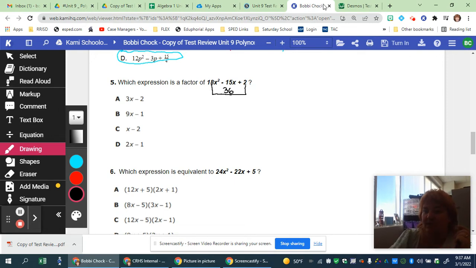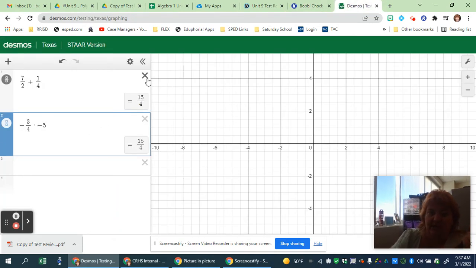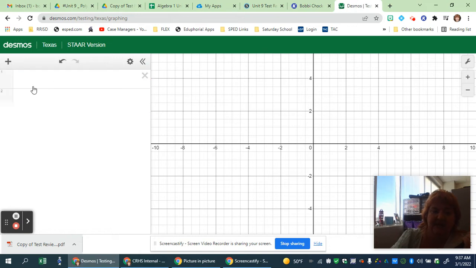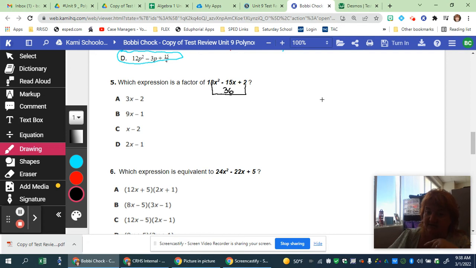If you don't know that, go here and say 18 times 2, 36. Okay. Then we're going to look at factors of 36 that can get us to 15. I just start from 1. 1 and 36. Will that get me to 15? No. There's no way to get to 15 from that.